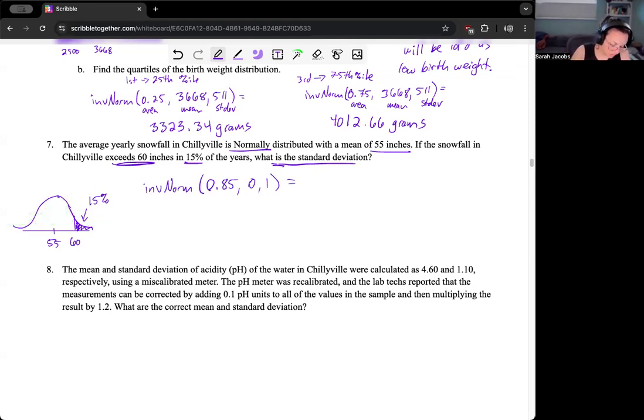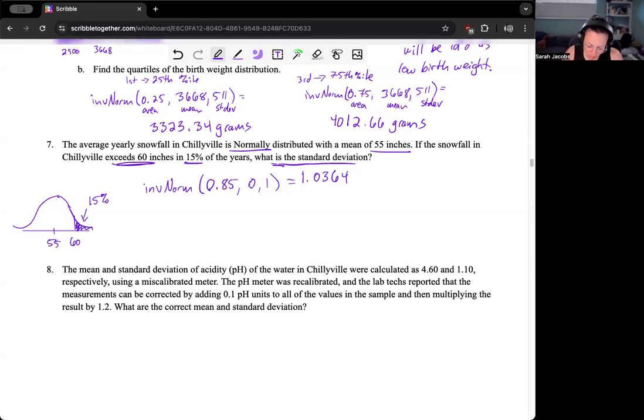When we do that, 0.85, 0, 1, not 511, we get a z-score of 1.0364. I'm only writing that out to so many decimal places. I'm going to leave that in my calculator with the whole decimal running to use in the calculation.